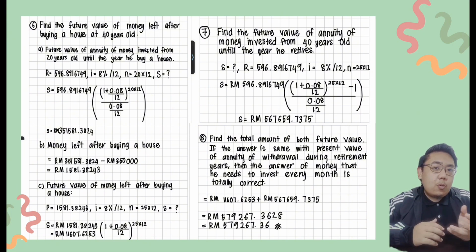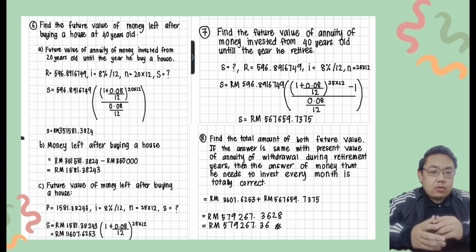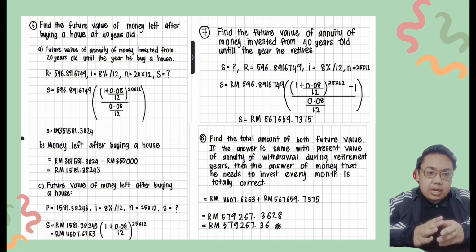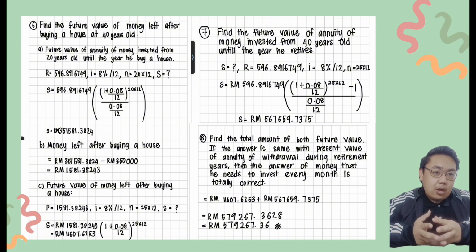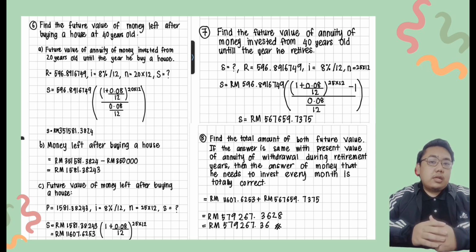You will get the answer that represents the balance, or money left after he bought a house. After that, you can find the future value of money left after he bought a house. Alright, let's move to the next step.